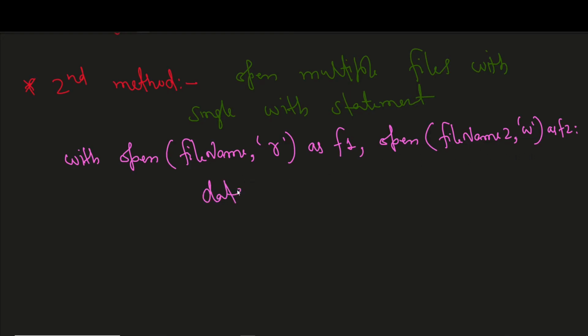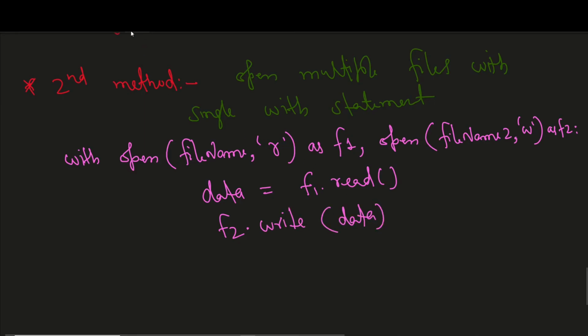So what we can do is write data equal to F1 dot read, and then write F2 dot write and pass data here. In this way, we have written all the content to the second file.